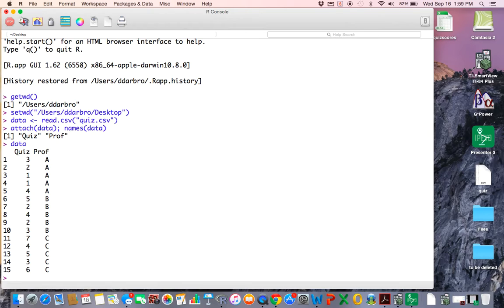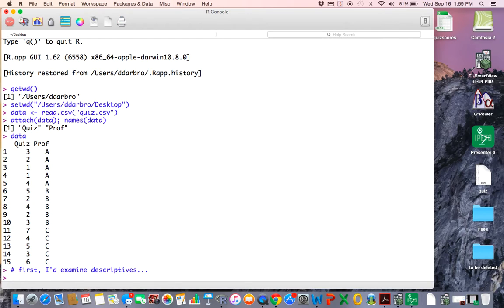All right. So the very first thing I'd want to do is take a look at some descriptives. Descriptive statistics just tell you important characteristics about these 15 students.